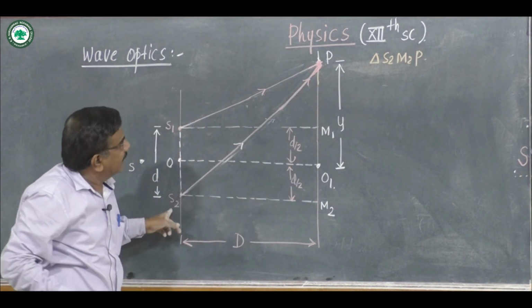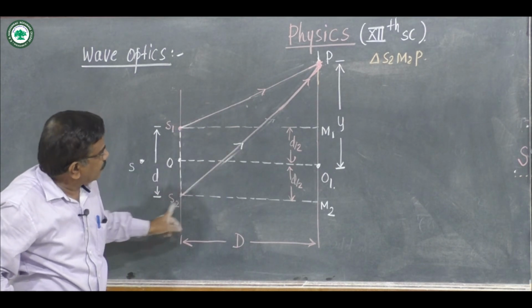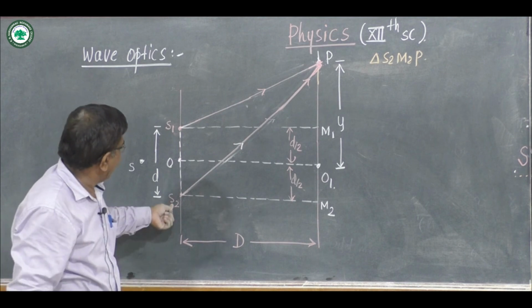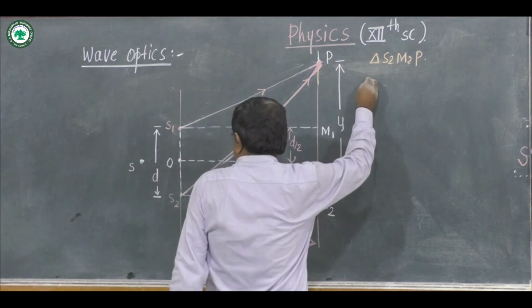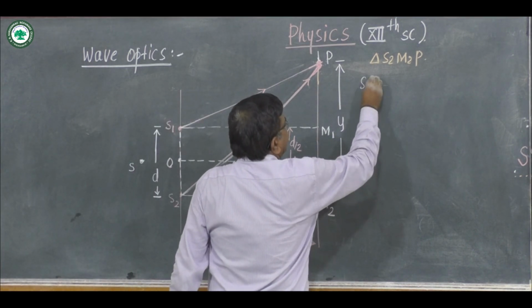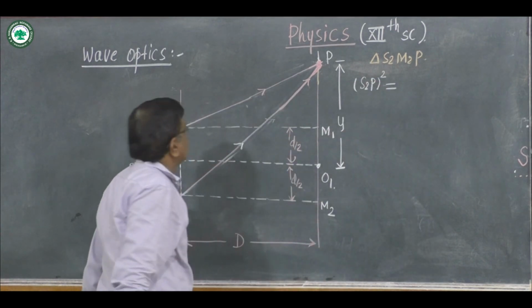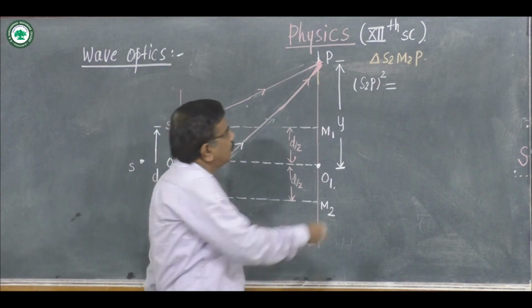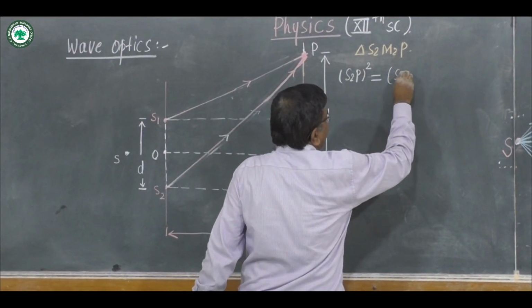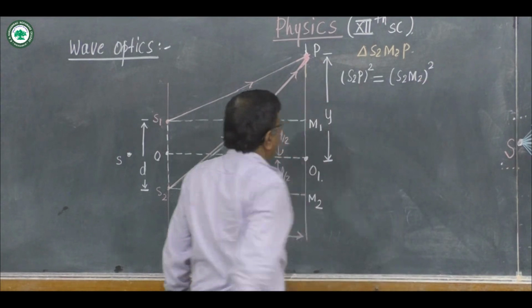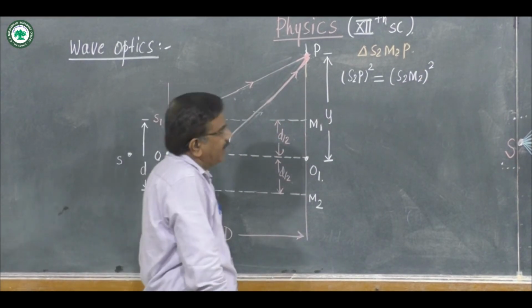Firstly, we consider the triangle S2M2P. In this triangle, by Pythagoras theorem, S2P square is equal to S2M2 square plus PM2 square.